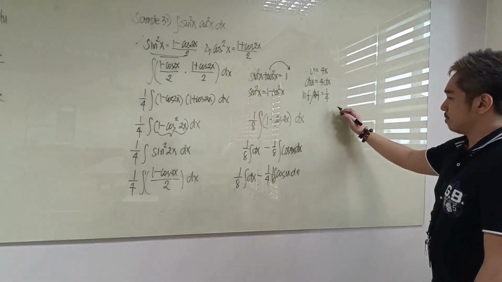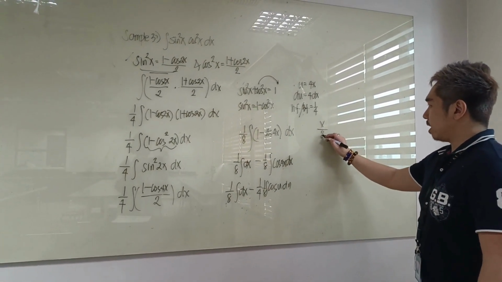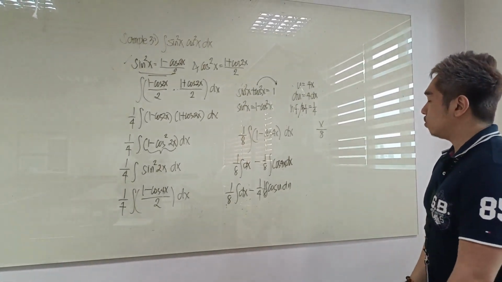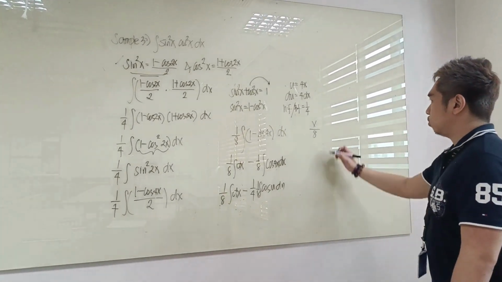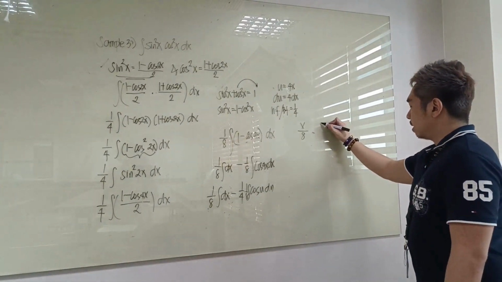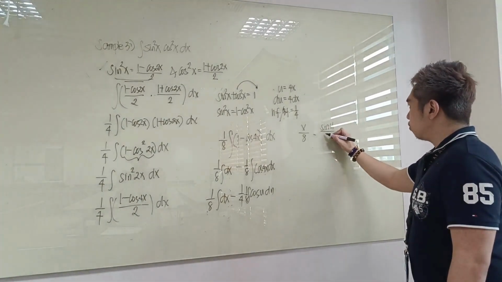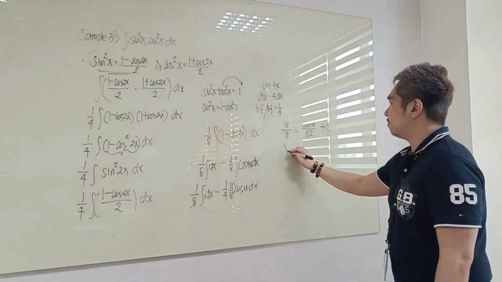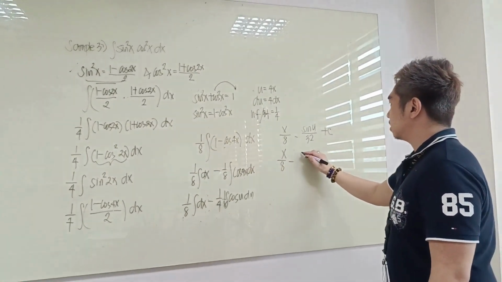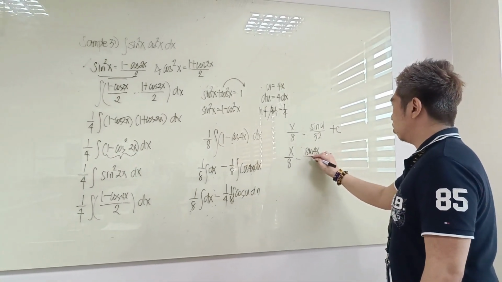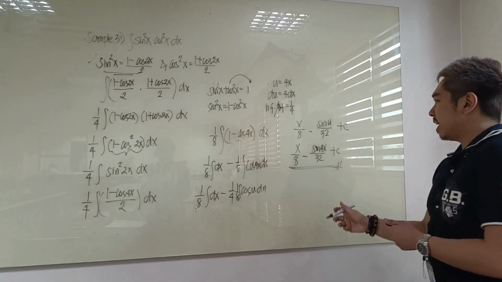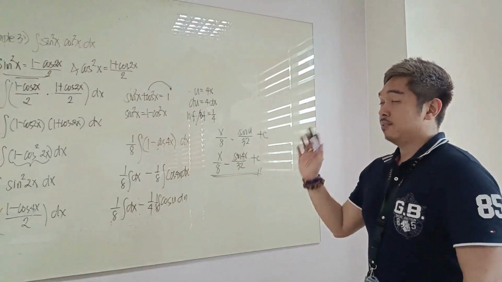So we have there x all over 8. And the integral of cosine u is equal to sine u. So therefore, 4 times 8 is 32. So that would be sine u all over 32 plus c. Back substitute u. So we have x all over 8 minus sine of 4x all over 32 plus c. And that is now the answer for the integral of that function.